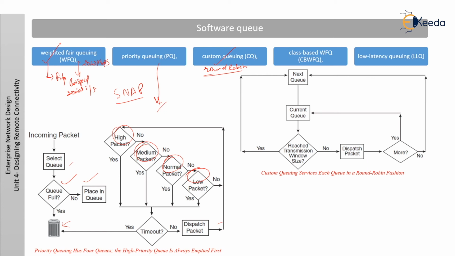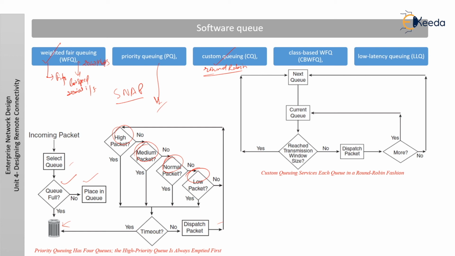CQ is a less drastic solution for mission critical applications than PQ because it guarantees some level of service to all the traffic. CQ is fairer than PQ, but PQ is more powerful for prioritizing a mission critical protocol. For example, with custom queuing, you can prioritize a particular protocol by assigning it more queuing space. However, it will never monopolize the bandwidth.